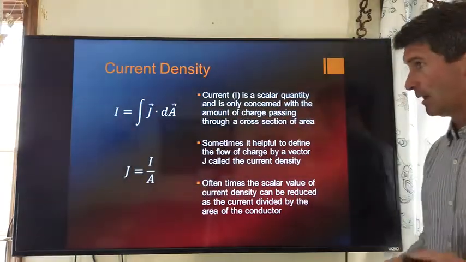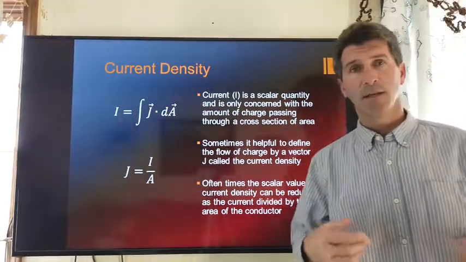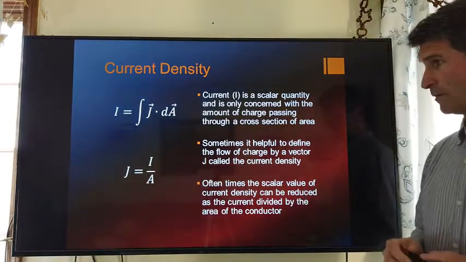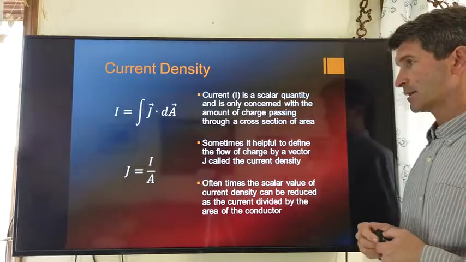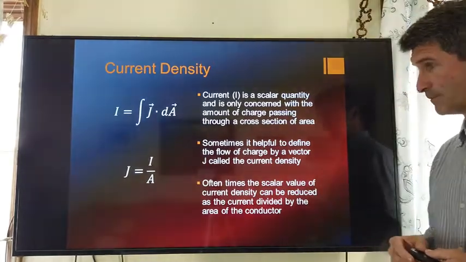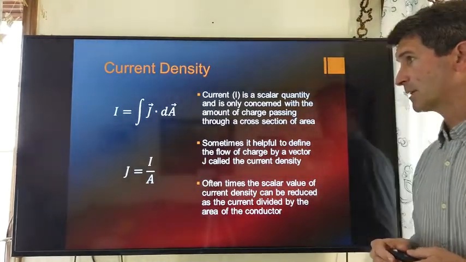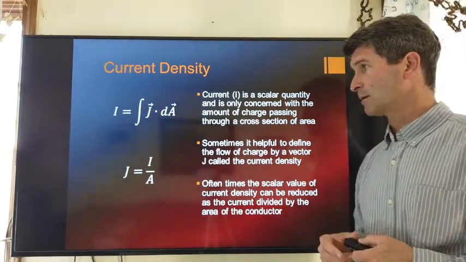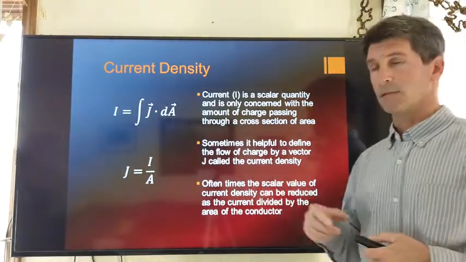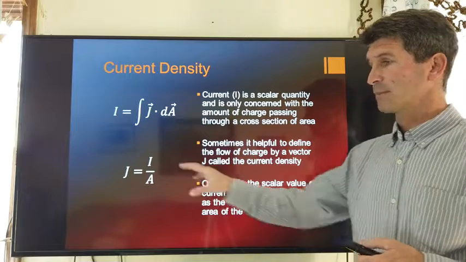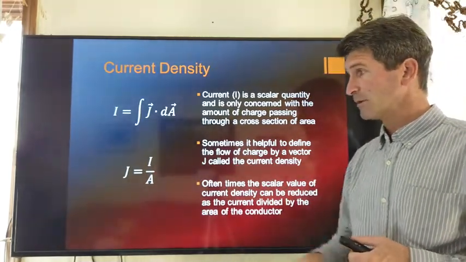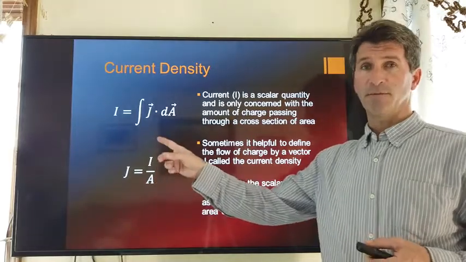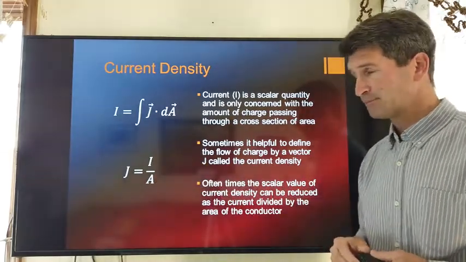Last point, sometimes you'll see this, not as important for a lot of what we discuss. We'll talk more about this when we talk about conductivity and resistivity. But especially in higher level electrical, analog electronics courses, you'll sometimes come across this quantity called current density. Current density is the amount of current that we have passing through an area.